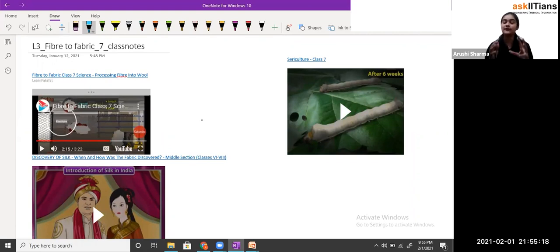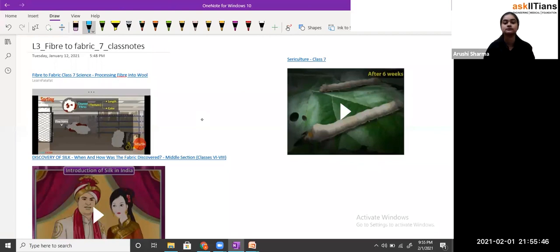Now when we get the clean wool, we separate the fibers. The fibers which have the same texture, we separate on the basis of their length, their color, or any other factor we can include here. On the basis of those factors, we separate the fibers from each other so that we can get the different types of fibers, and we can form them into fabric.